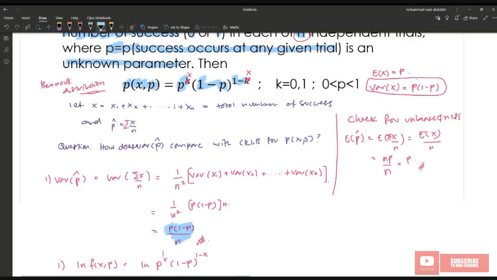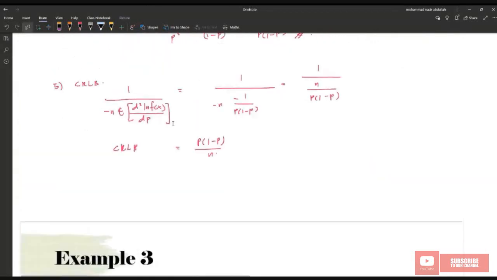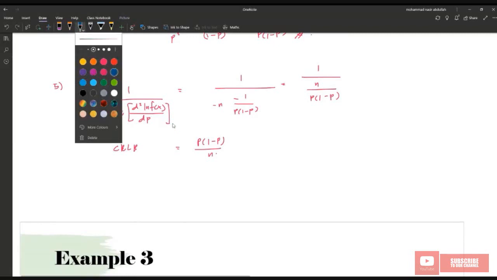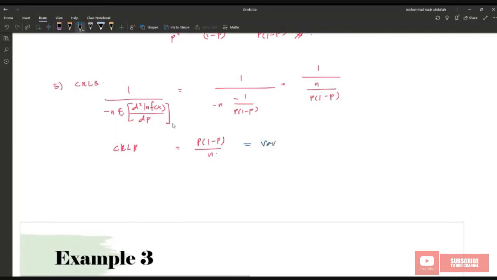So this is equal to the variance of P hat, which is also equal to P 1 minus P divided by n. So we can say that P hat is the minimum variance unbiased estimator of P.